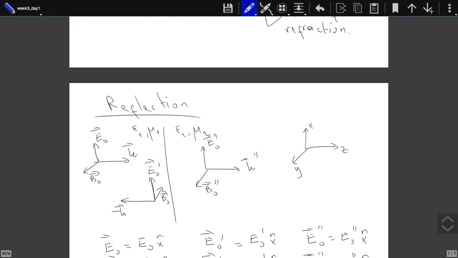On the right of the surface, the only electric field is this one, the magnetic field is this one. So basically, how does the electric field change as we cross a boundary in electrodynamics? Those will be the conditions which will allow me to determine these transmitted and reflected electric and magnetic fields.